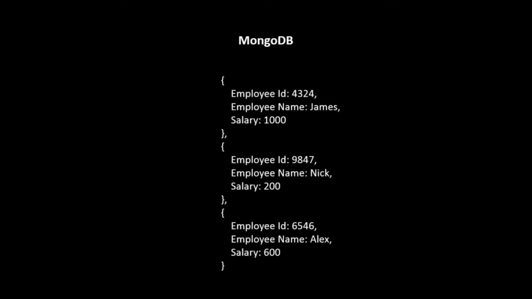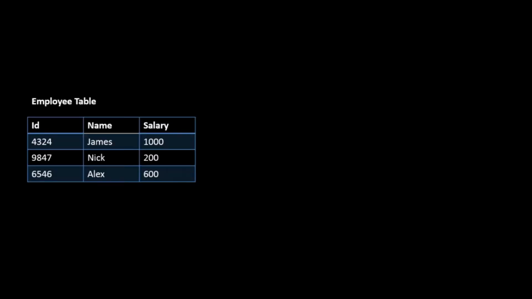So suppose we have an employee table containing employee information. And suppose now we also want to store the office address of the employees. Now we can add a column to the table to store office addresses.